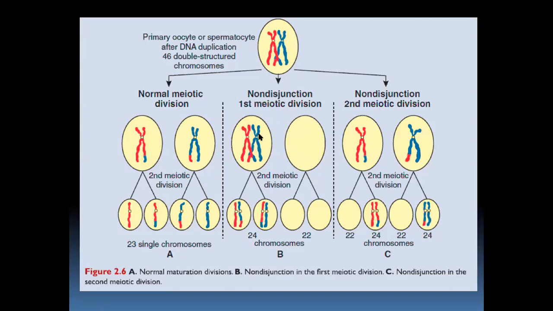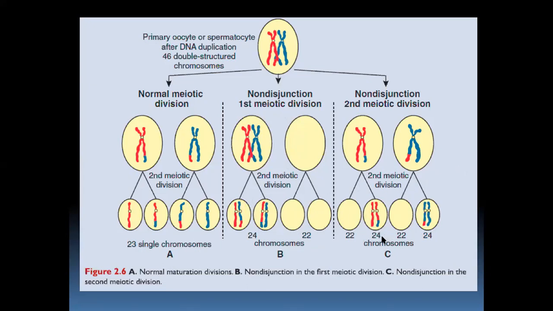Instead, because of non-disjunction, out of 23 there might be one extra chromosome going into another cell and one is left out. So the cells coming from second meiotic division might have an extra chromosome, so they might have 24 chromosomes, while the other set of cells can have only 22 chromosomes.